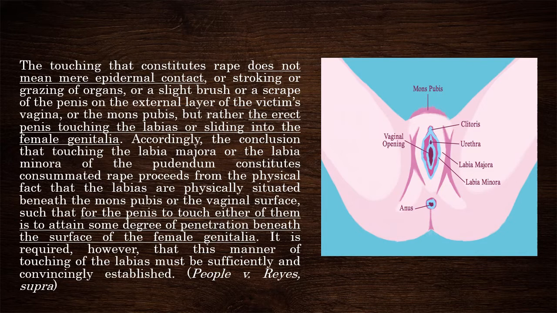At the very least, it will be considered as attempted rape only. It will only be considered as consummated rape if the erect penis reaches either the labia majora or the labia minora, or more so, it reaches the vaginal opening.